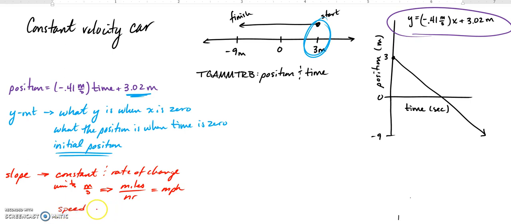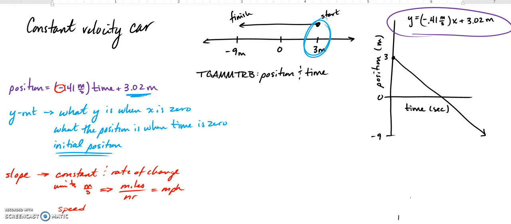But it's not actually speed, because if I look at my data, there's a negative sign here. I have never been in a car traveling at a certain speed and said, oh look, my speedometer is going negative. Because speed doesn't care about direction.